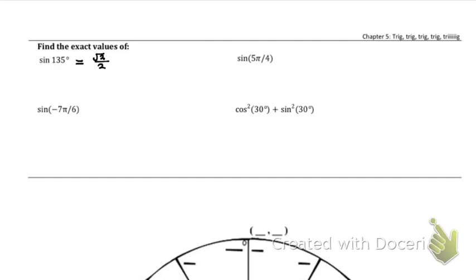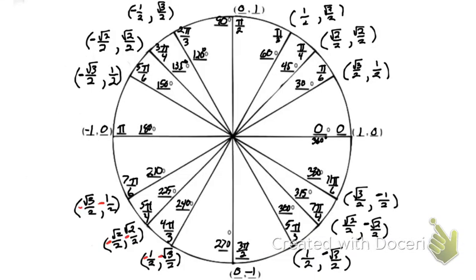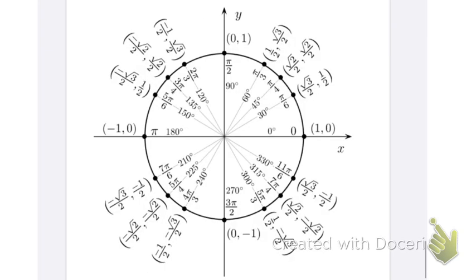And then what is the value of 5 pi over 4, looking at that unit circle? Tori? Negative square root of 2 over 2. Let's see. So I said 5 pi over 4. We just have to locate it here. It's negative square root of 2 over 2.